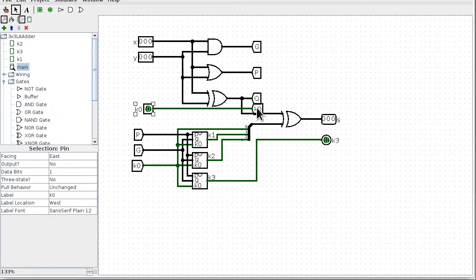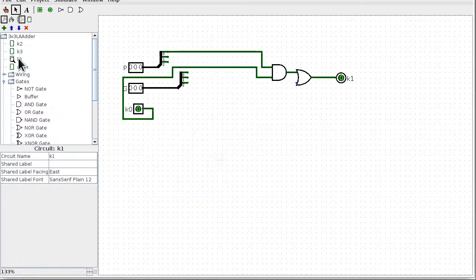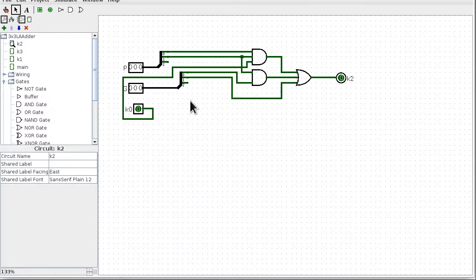K0 is just K0. I made a tunnel for K0, just so that we can use it over here, just so that things can look nice. And then we have the K1, K2, and K3 circuits. Each one looks kind of like this. Yesterday I worked on K2, which is this one, and the way I worked on K3 and K1 is I just copied and pasted the entire thing.